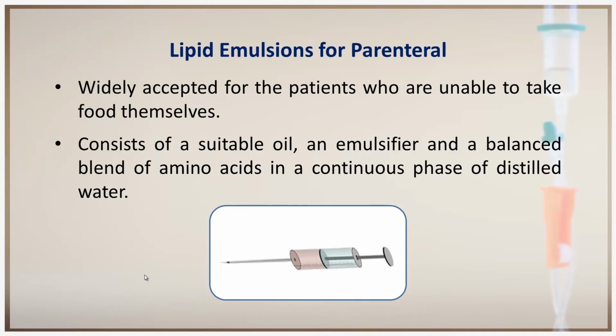The composition of the emulsifier is important as it decides the overall stability of the emulsion. These emulsions are injected into the vein and, as I mentioned earlier, provide a suitable means of administering a nutritive fluid to the patients.